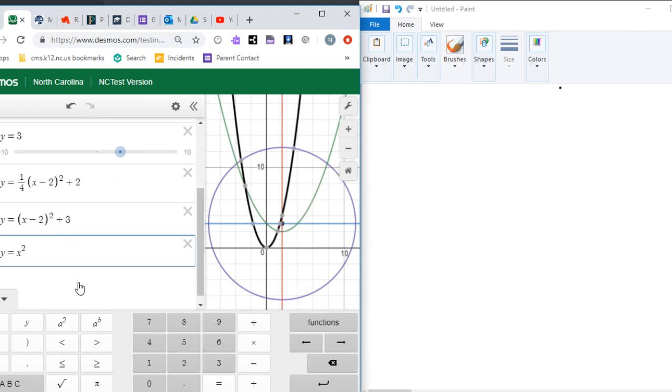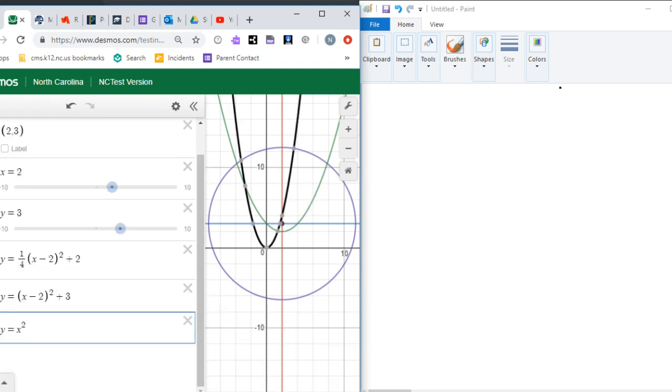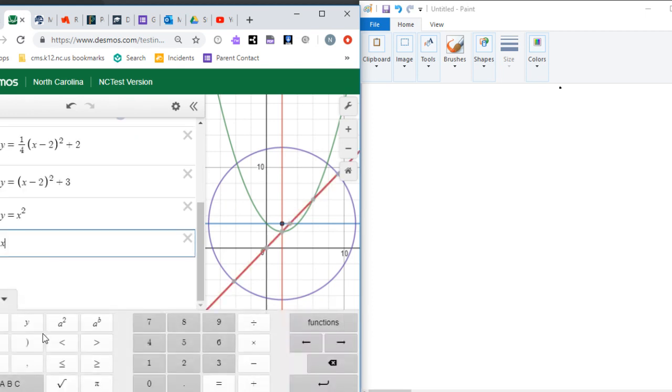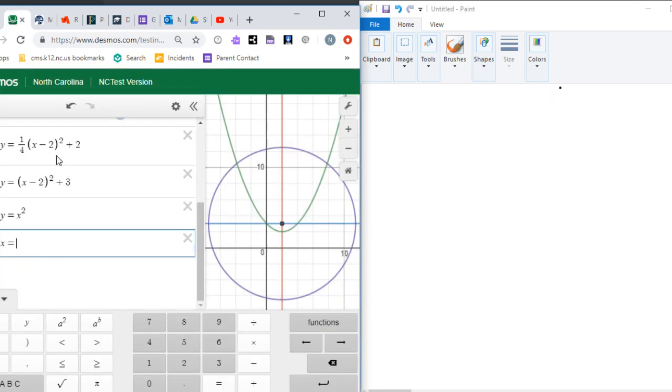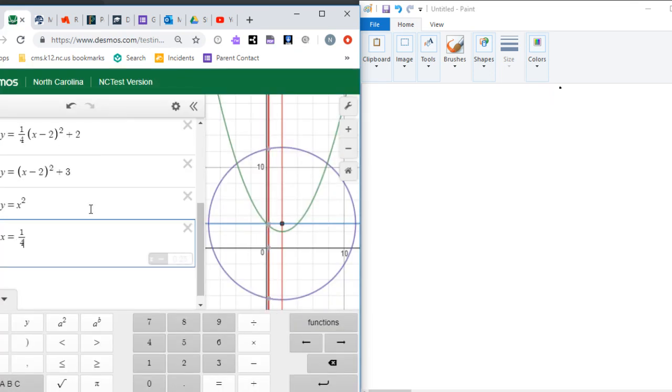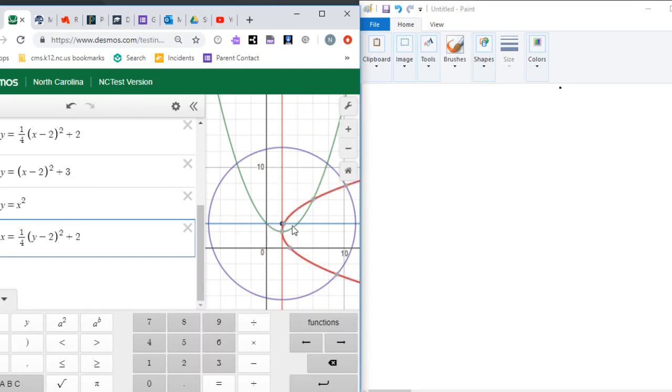That's clearly not aligned. And x is equal to 1/4 (y minus 2) squared plus 2 clearly does not have a focus at the center of the circle.